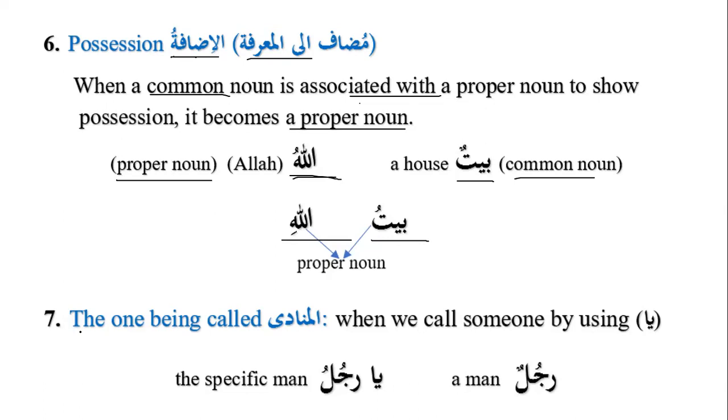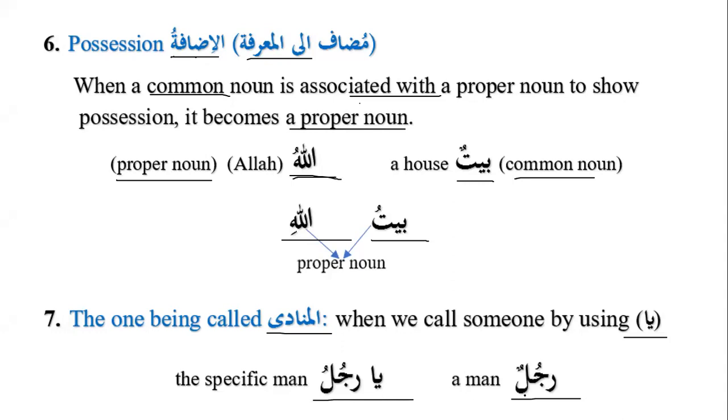And the last one, the one being called, yani al-munada. So al-munada is when we call someone by using harf munada, ya. So when we use ya with a common noun, it also becomes a proper noun. For example, rajulun is a common noun, we know that. And when we say ya rajulu, now it becomes the specific man.